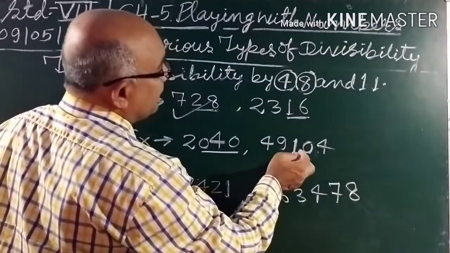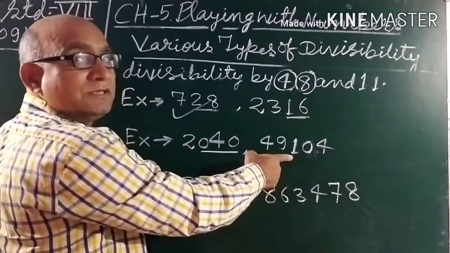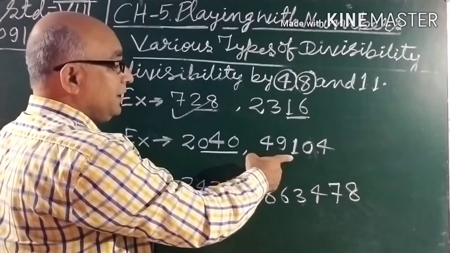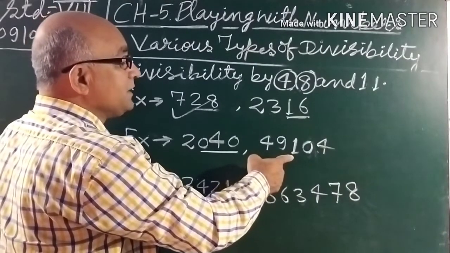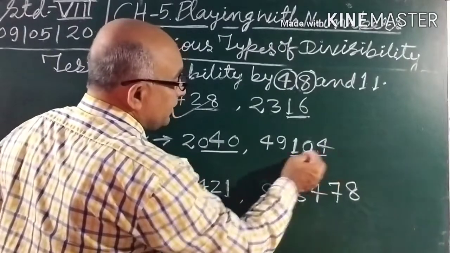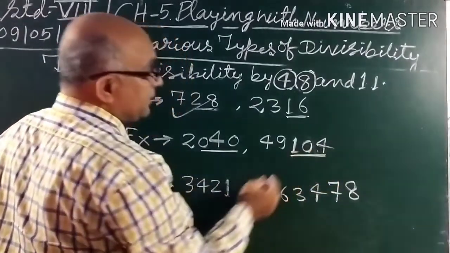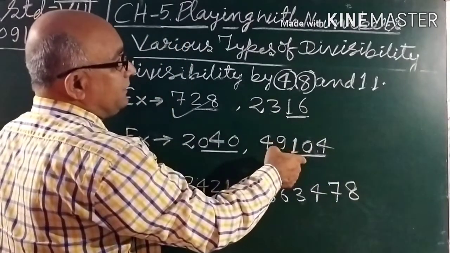And next example. A given number is divisible by 8 if the number formed by its last three digits is divisible by 8.